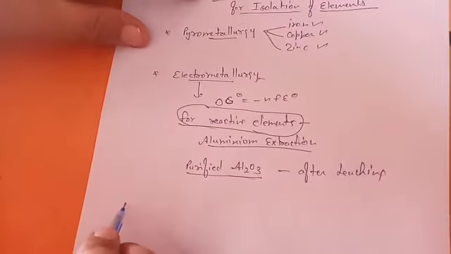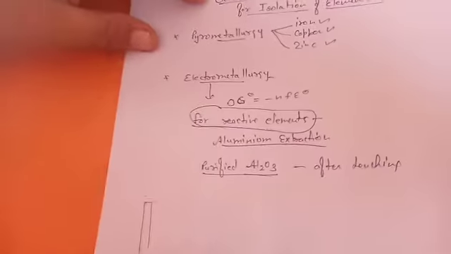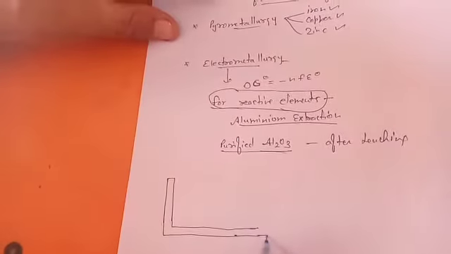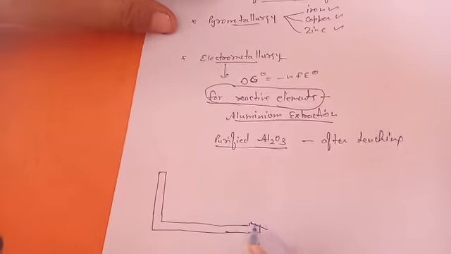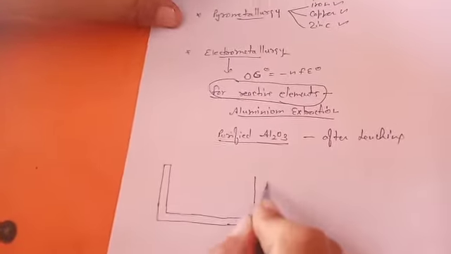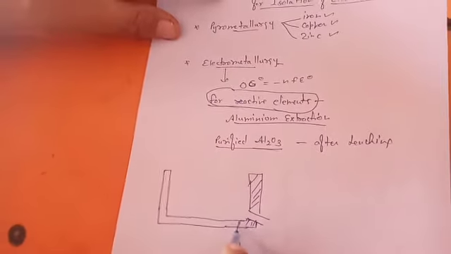Now we take a steel chamber. Over here there is an outlet for the molten aluminium.